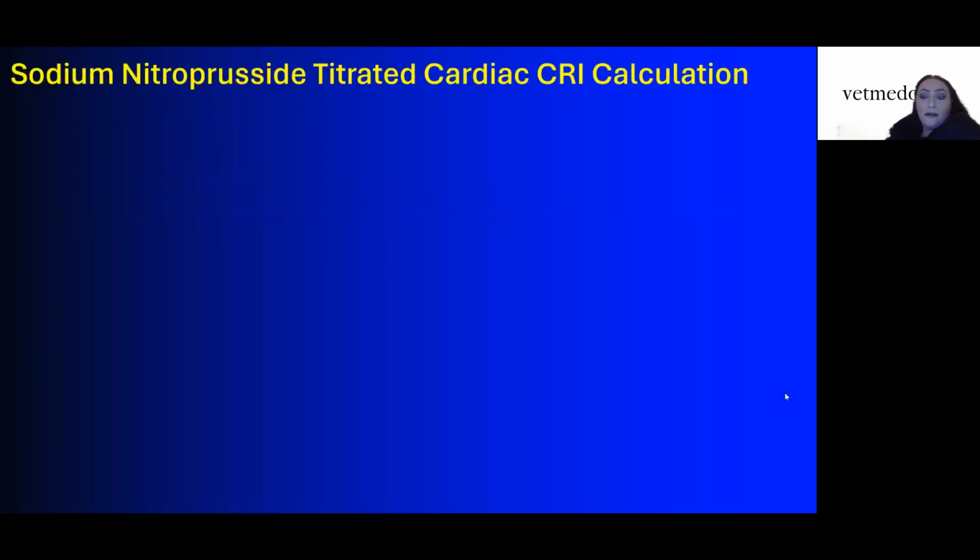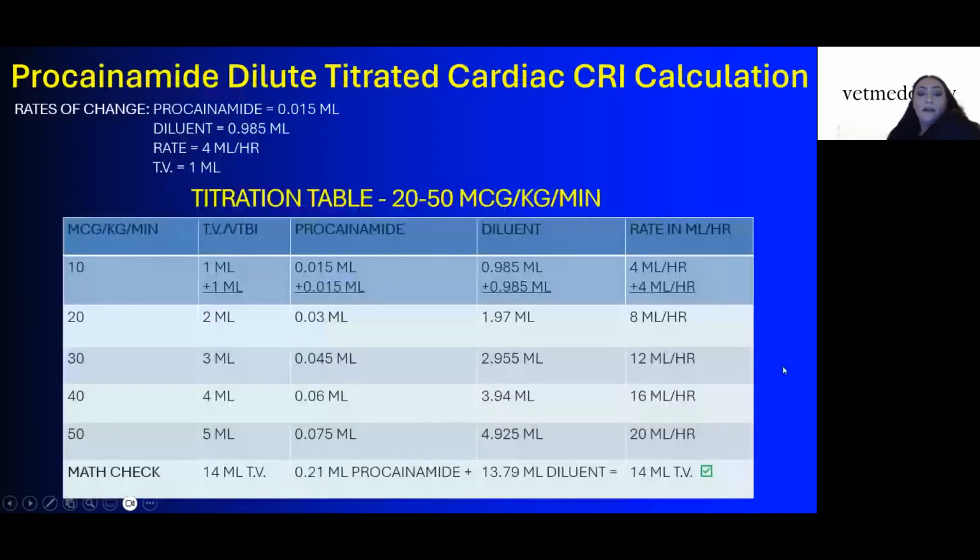Okay. Now I have the 10 mic per kg per minute in here this time to show you the addition basically that you would be doing in each of the columns. So that's what it's representative of. But you can always start these at the starting point as well and just add from there.